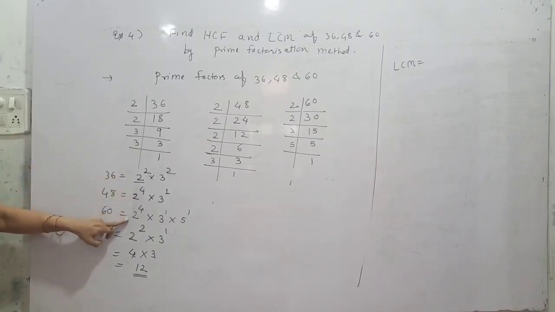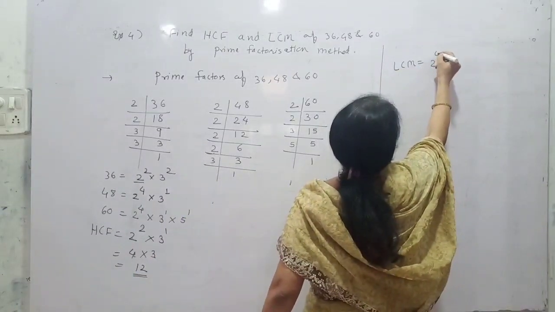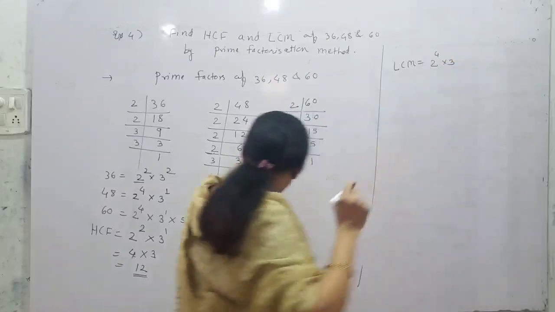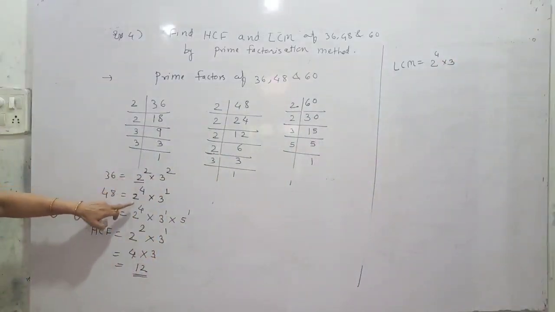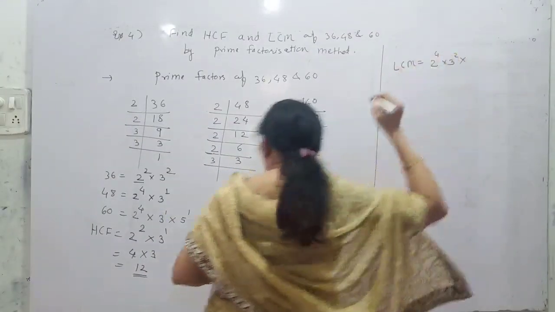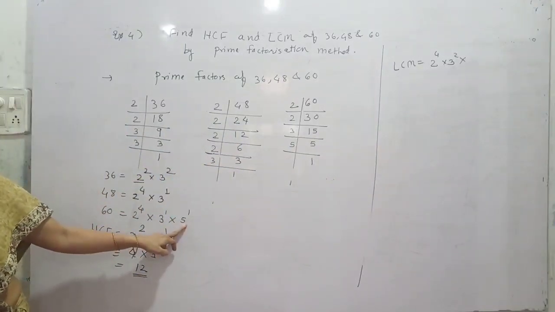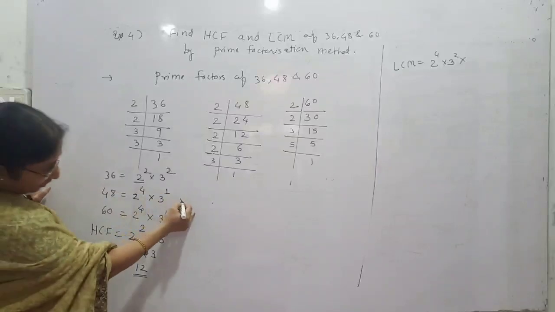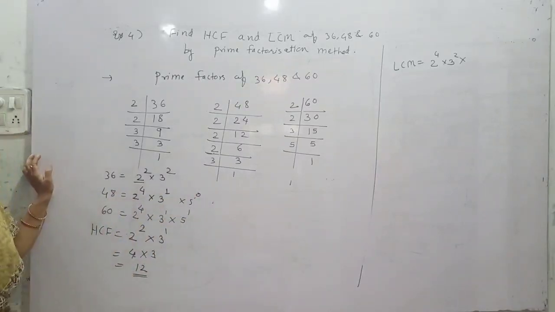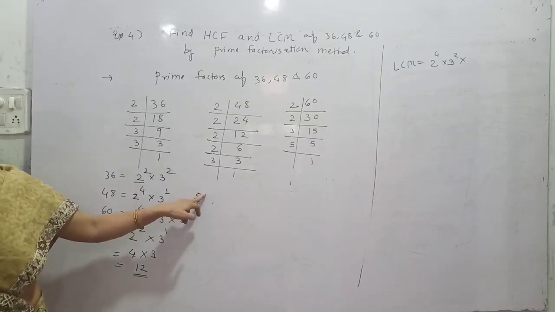The highest index of 2 is 4, the highest index of 3 is 2, so 3 square, and the highest index of 5 is 1. Where 5 is not written, you can write 5 raised to 0.